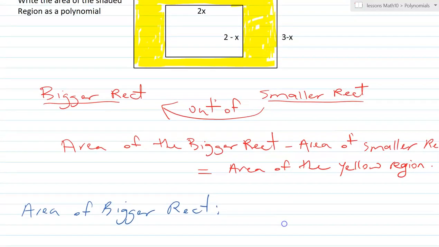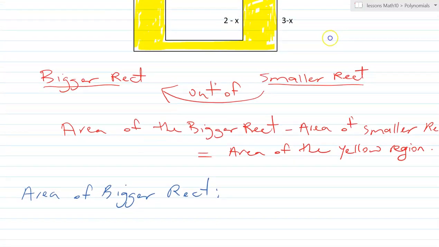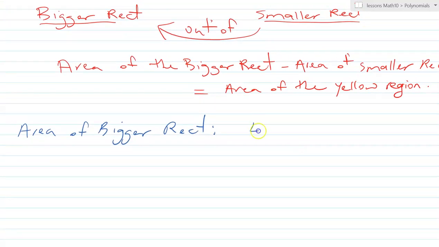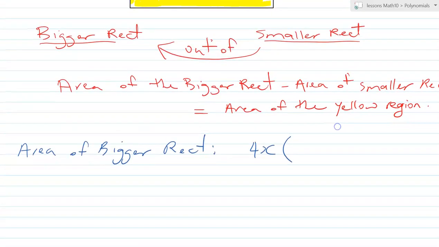Now remember, the area of a rectangle is length times width. So we have 4x times, I'm going to open up a bracket, and then the width is 3 minus x. Very good.